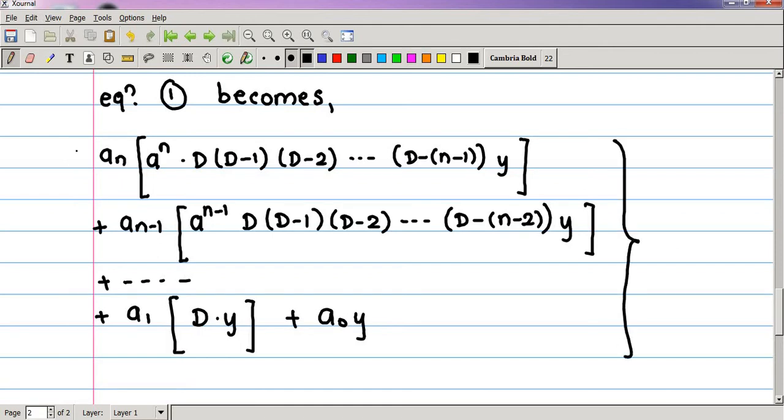This whole left hand side will be equal to f of x, and since we have replaced x by some function of z, the right hand side will be obtained in terms of the new variable z.